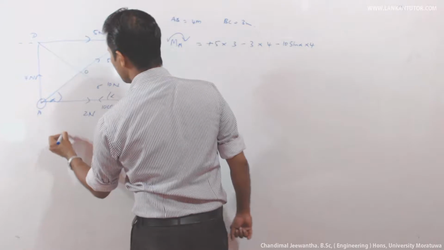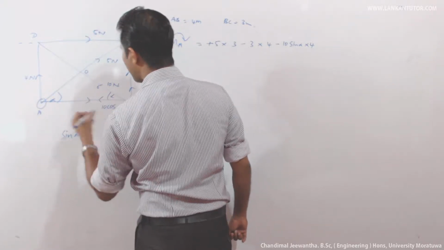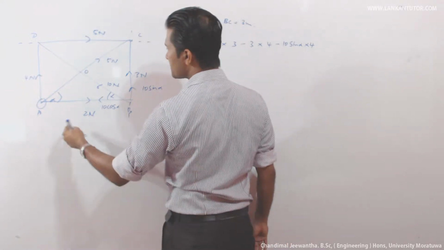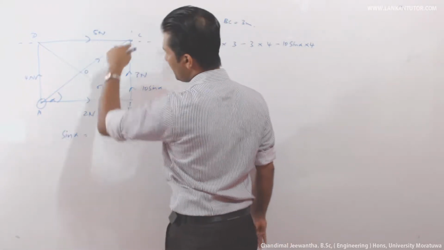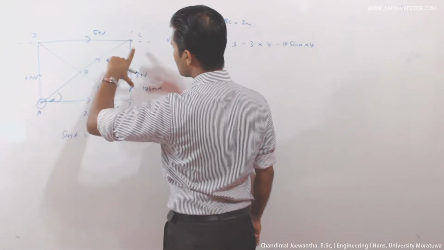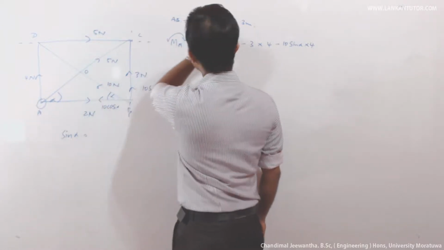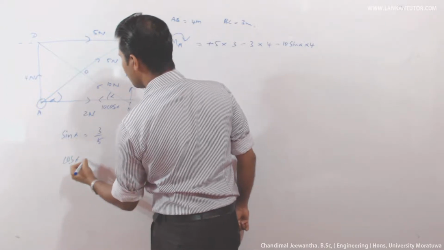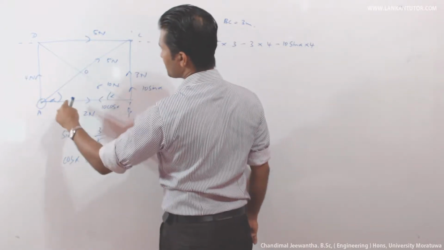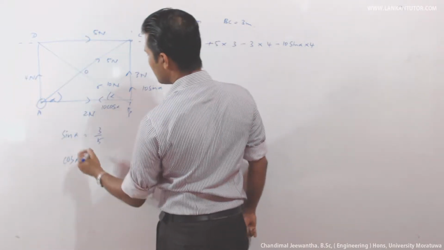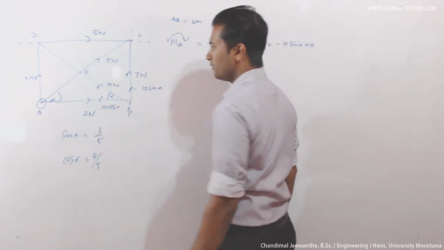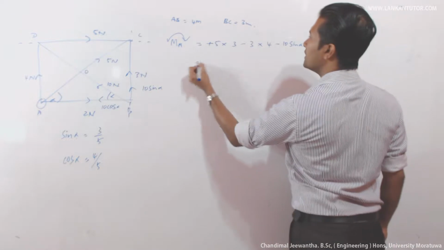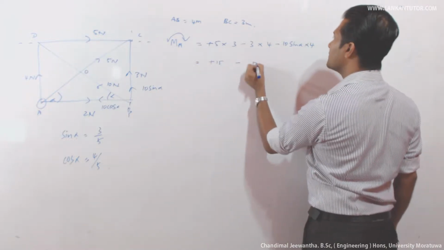Then we can consider sin alpha and cos alpha. How would you find sin alpha? That is opposite over hypotenuse. So opposite is 3, divided by 5 is sin alpha. Cos alpha is adjacent divided by hypotenuse, so 4 divided by 5. No need to consider tan alpha. Now this is plus 15 minus 12.